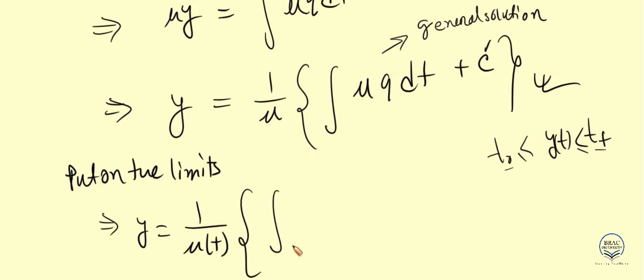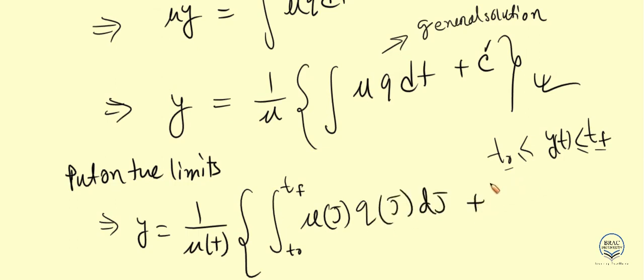And since we are doing it for t0 to tf, there will be t0 and there will be tf, the lowest and the highest limit, and we are just replacing t with tau. It's a dummy variable, just so that you don't get confused. Obviously you can go for t as well, but it's a dummy variable, so that shouldn't matter. And d tau, and this C will come from the initial values, that is mu of t0, y of t0, just like that.